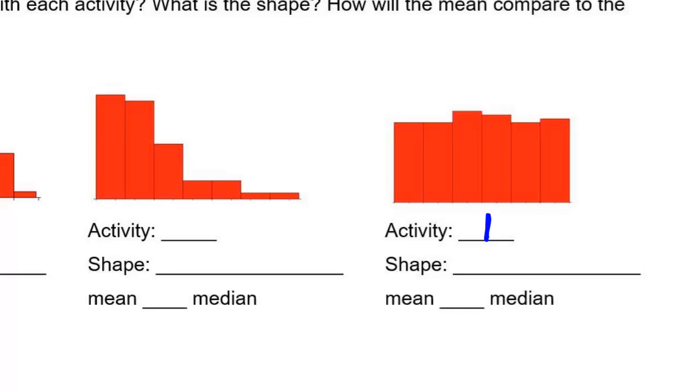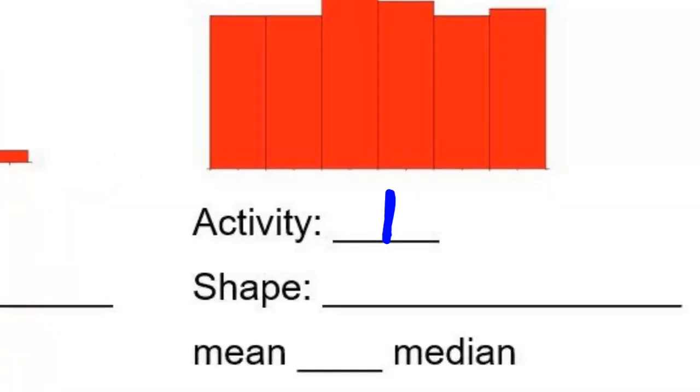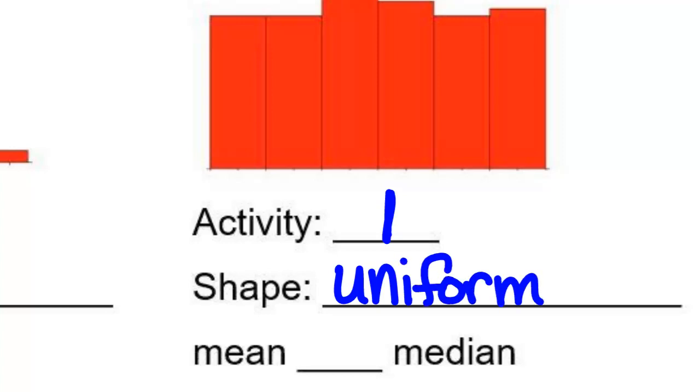We call this a uniform distribution. Why do you think we call it uniform instead of symmetric? Is it symmetric or approximately symmetric? Yeah, if I split it down the middle, the left side looks pretty similar to the right side.